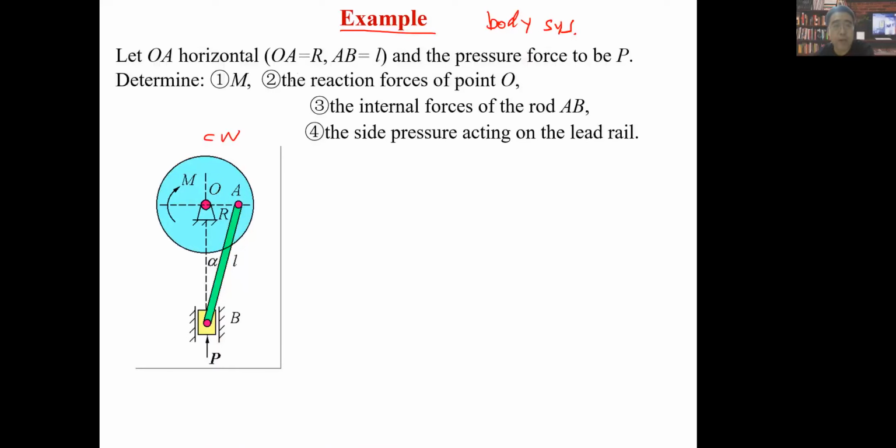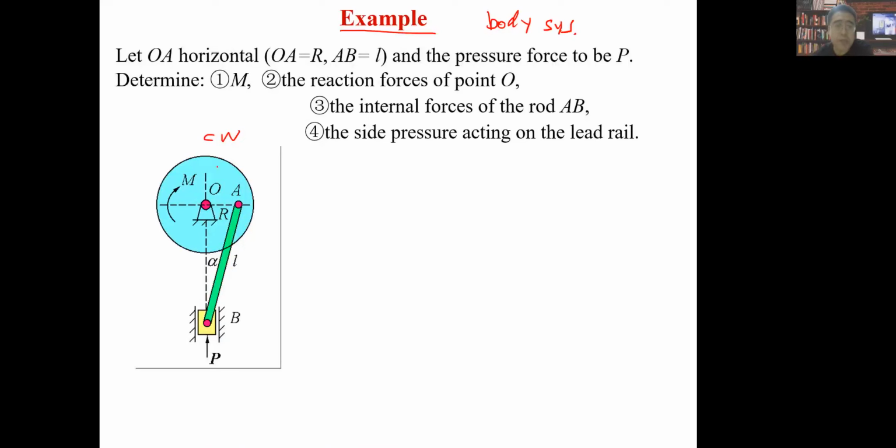So we have OA equal R, AB equal L, and the pressure force P. There is a resistance force, which is the active force P. When this wheel rotates around point O and point A, this AB will move along this direction, and it will let this slider move along the vertical line.